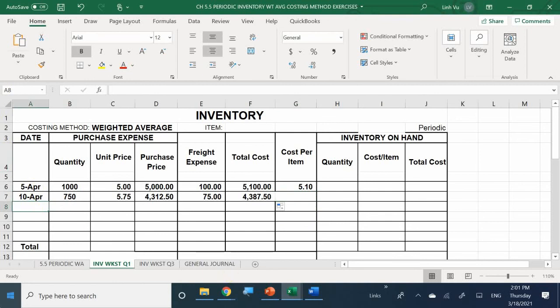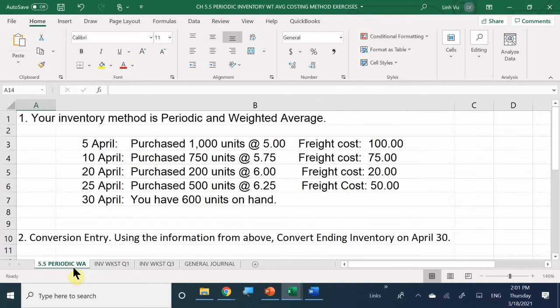Okay, so here I'm going to leave my average cost, my cost per item, blank for now for that particular batch. So what happened on April 20th? You bought 200 at $6 a piece, and freight was $20.